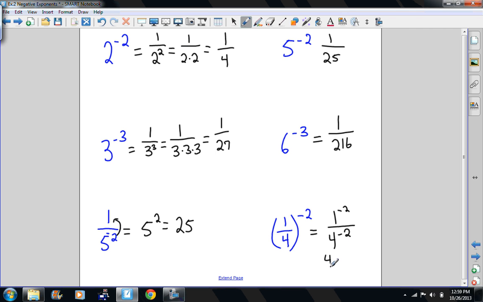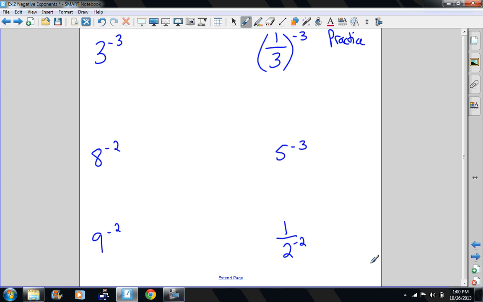So this becomes 4 squared over 1 squared, which equals 16 over 1, or just 16. Okay, so make sure you take these nice and easy. But the main thing is that negative exponents mean fractions somehow, somewhere in the problem. So I want you to try these on your own and see how they go, and then I will go through them.